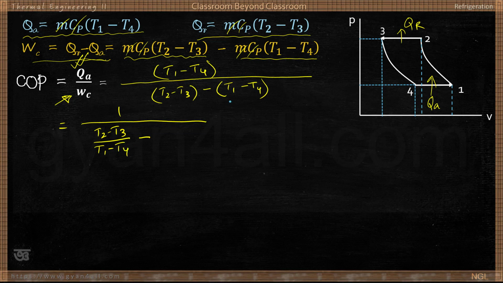And minus again, if we divide it, it will be 1. So finally we get the COP of the refrigerating unit is this much. Okay, we can take some common also. 1 divided by, if we take common T3, it will be T2 divided by T3 minus 1.